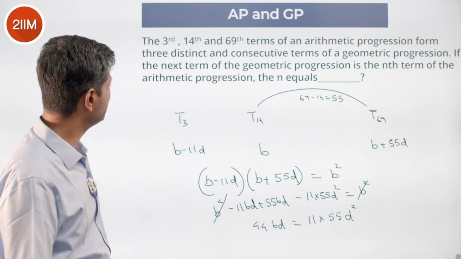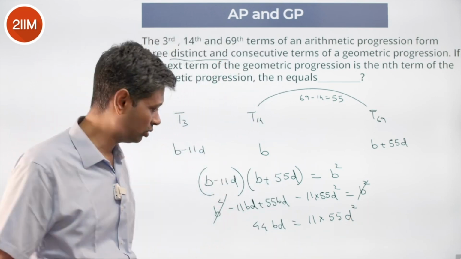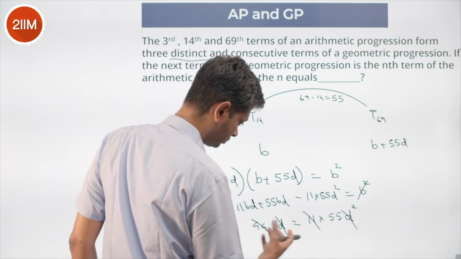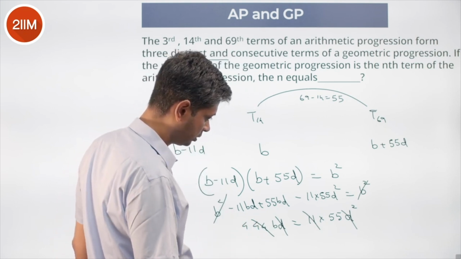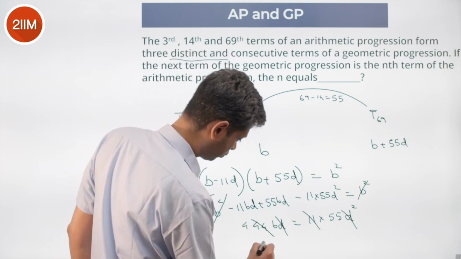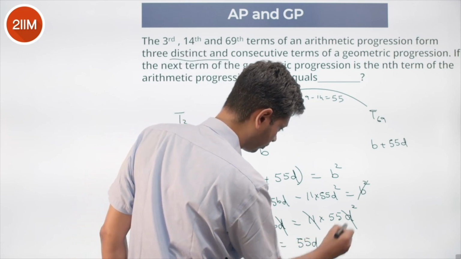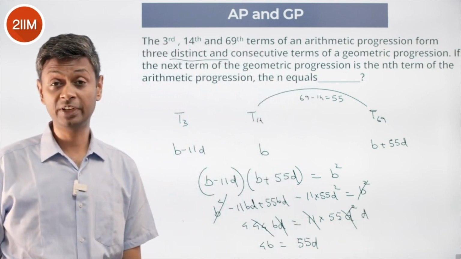We are told these are distinct and consecutive terms. That means the common difference is not 0. They can cancel off a d. Or I get that 4b equals 55d. I'm cancelling one d, one d remains. 4b equals 55d.